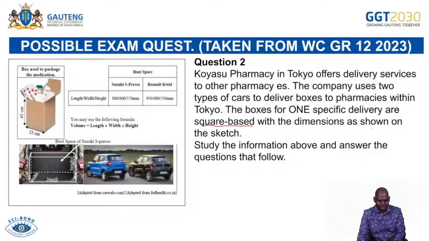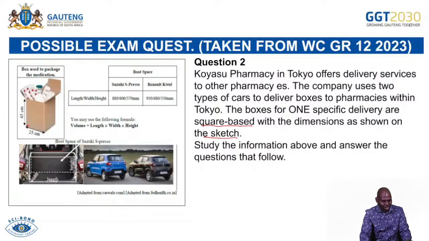With the dimensions as shown on the diagram. If you look at the box, it shows that the height is 45 centimeters and the breadth is 25 centimeters, but they say it is square base. That means the base, which is the bottom part, is actually in the form of a square shape.